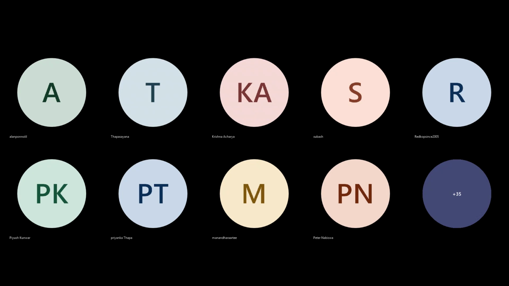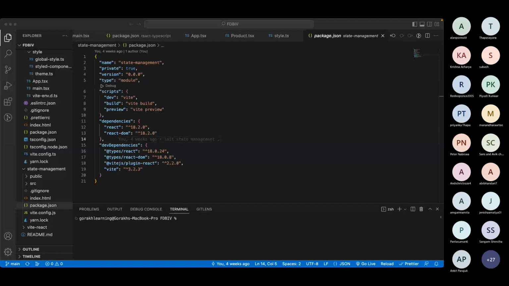Okay, then let me share my screen if you don't have any questions. Gorak, before we start, yesterday in class, when you were copying the code, at the end you were writing minus D. What does that mean?